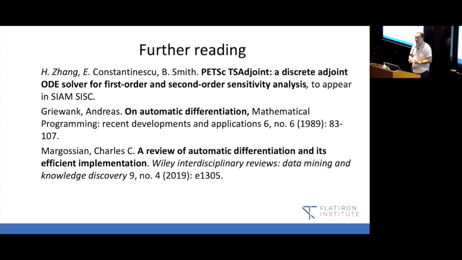I could say that it's also possible to get second derivative information. So in PETSc, you can get out applications of the Hessian as well as this gradient information, and then you can do optimizations with full Newton and so forth.